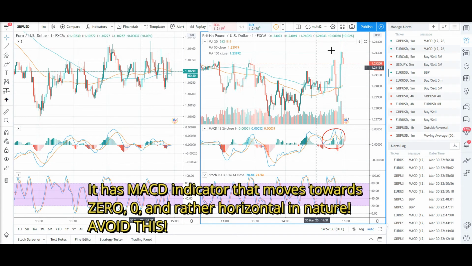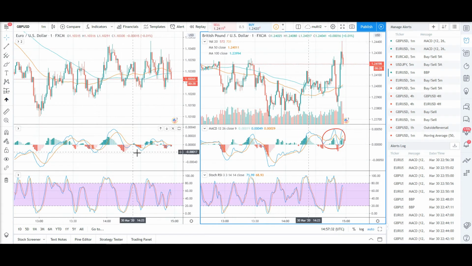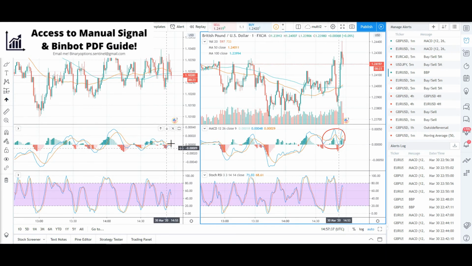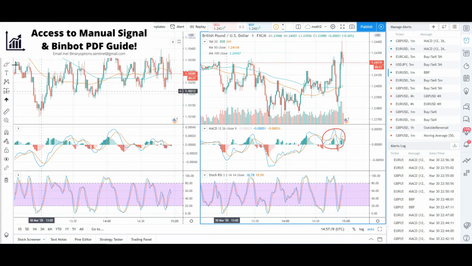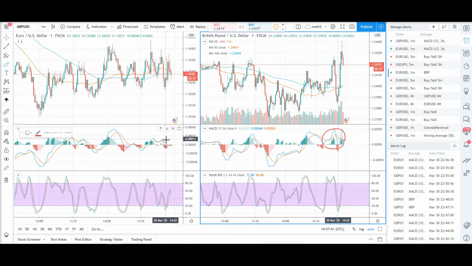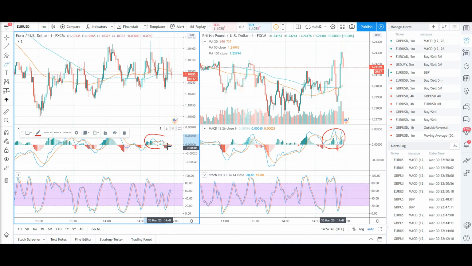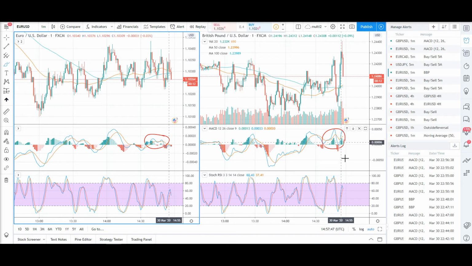You can see that the blue and the orange lines of the MACD cross each other within the first 15 minutes. That's an indication that the market is forming a large horizontal channel, and usually the beta test settings would not work very well.